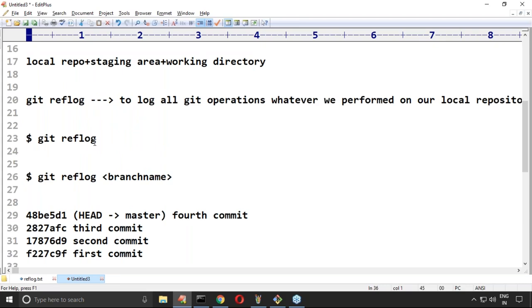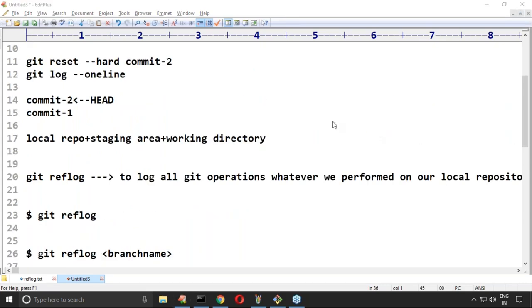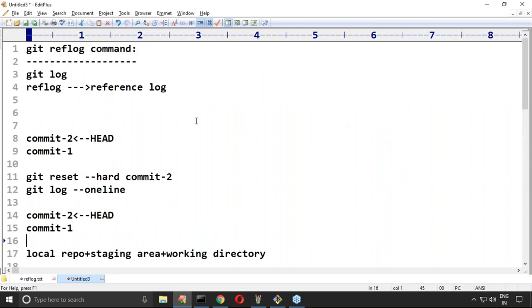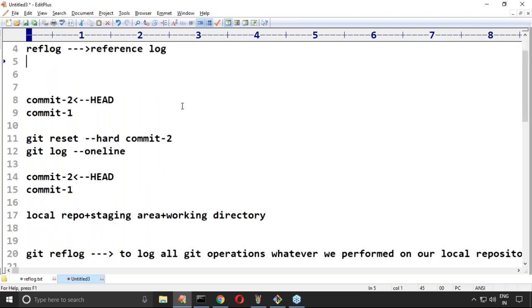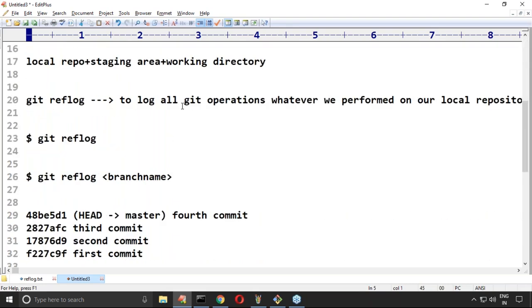Yes, that's all. This is the beauty of the git reflog command, that's what you should be aware of, friends. But make sure how many days of history it is going to maintain. By default 90 days. If you want you can customize it, but at this stage we are not required to worry at all.